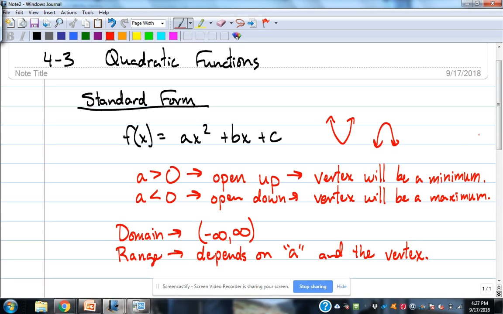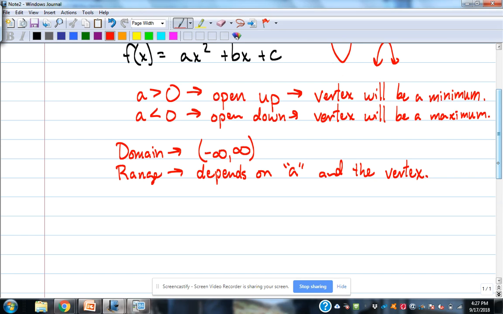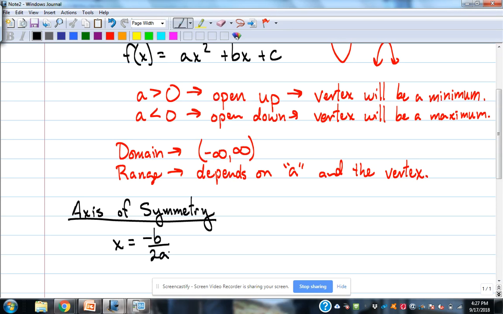All right. Let's get a little bit of formula stuff out of the way here. One of the things we're going to find is an axis of symmetry. And the equation for the axis of symmetry is found from standard form by doing negative b divided by 2a.